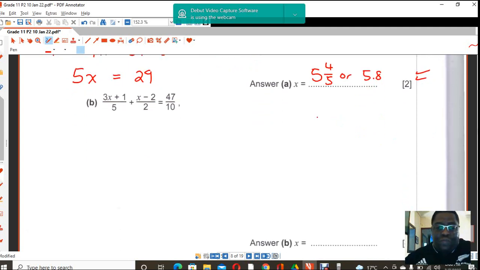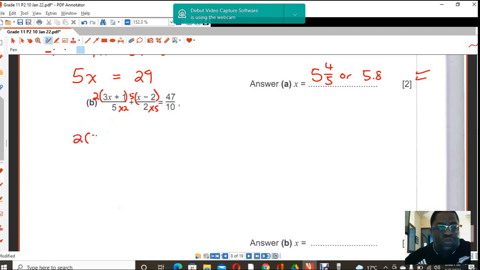Okay, when I do B, I'm going to make the denominators the same. So I'm going to multiply this by 2 and that by 5. So I multiply that by 2, and multiply that by 2.